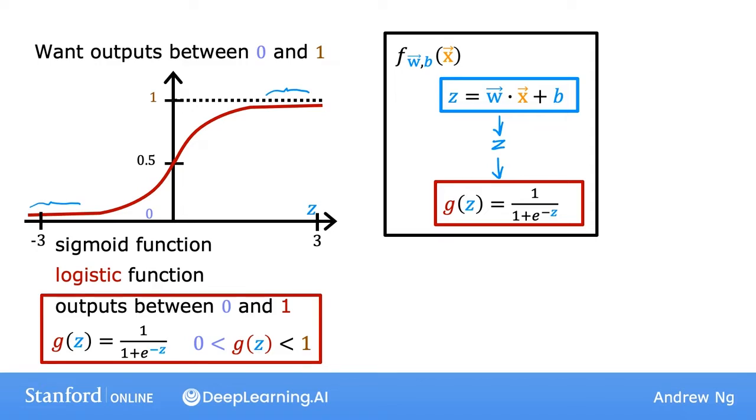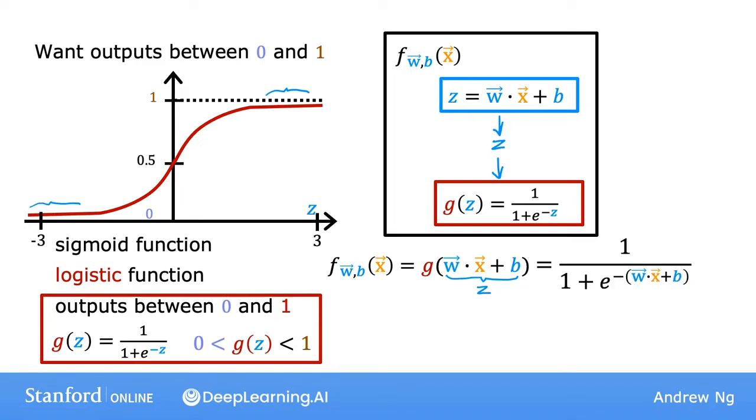When you take these two equations and put them together, they then give you the logistic regression model f of x, which is equal to g of wx plus b, or equivalently g of z, which is equal to this formula over here. So this is the logistic regression model. And what it does is it inputs a feature or set of features x, and it outputs a number between 0 and 1.